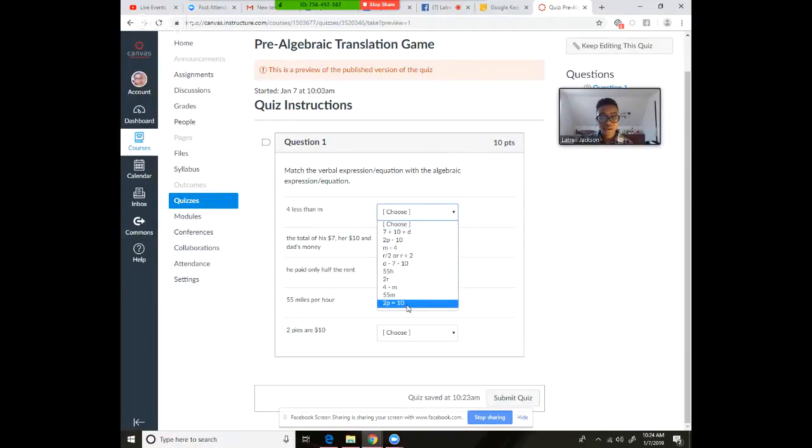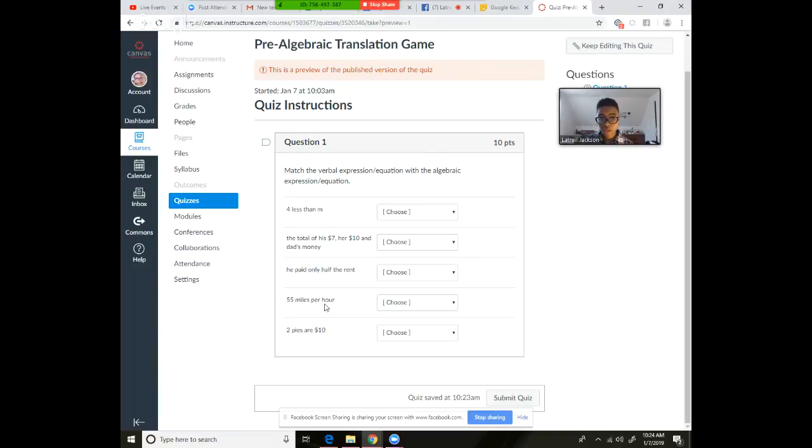Here are all the possible choices, and as you see, there are more choices than there are questions. I think I'm going to add to this to give you more practice. The total of his $7, her $10, and dad's money. You can choose from here to see which one it is.